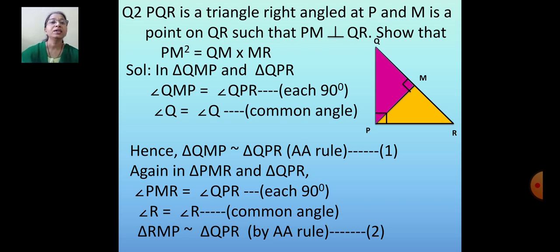Now secondly, take the yellow color triangle, triangle PMR, and the bigger one, triangle QPR. Here also angle PMR is equal to angle QPR. Reason? They both are 90 degrees, and angle R is common in both the triangles. Therefore, triangle RMP is similar to triangle QPR by AA rule.